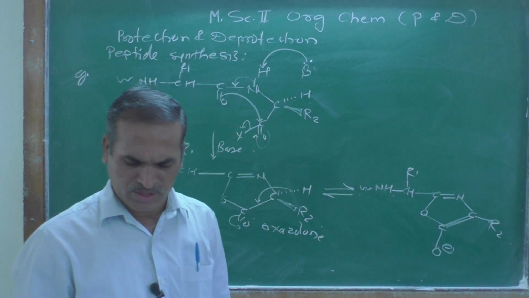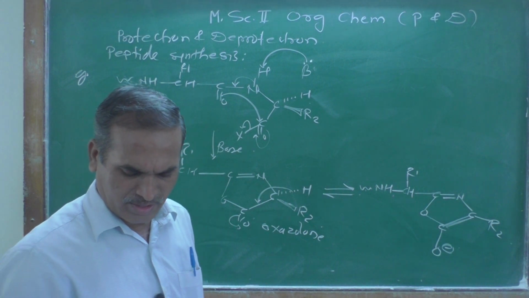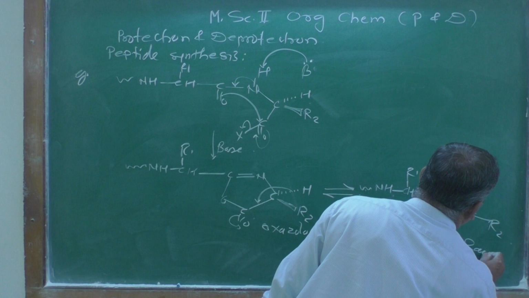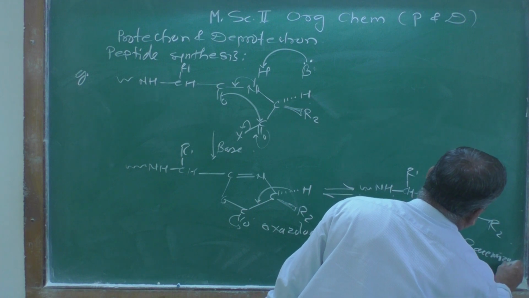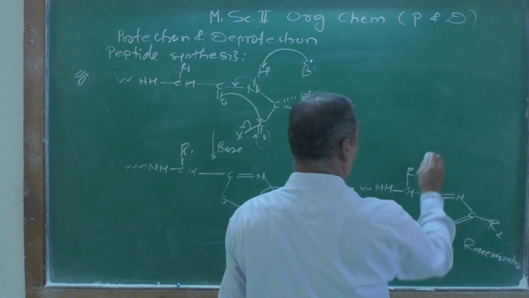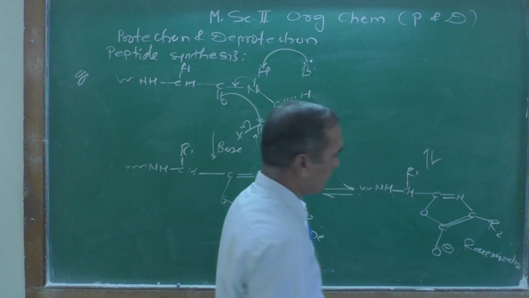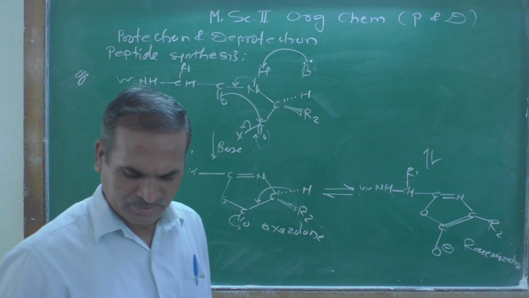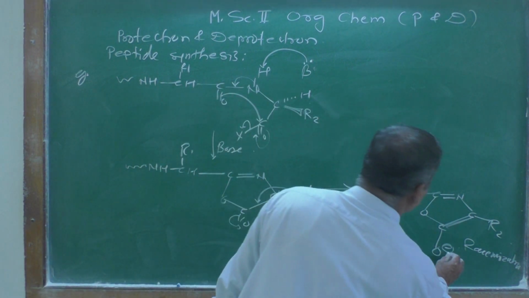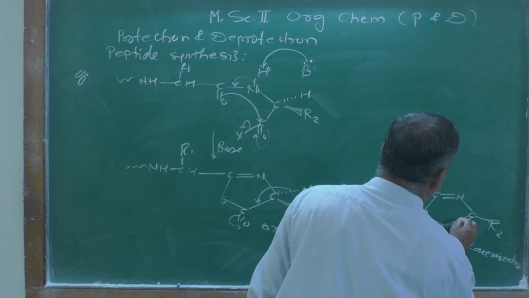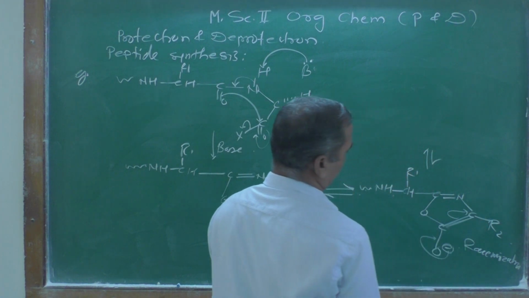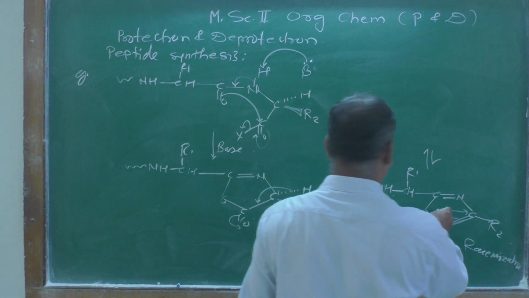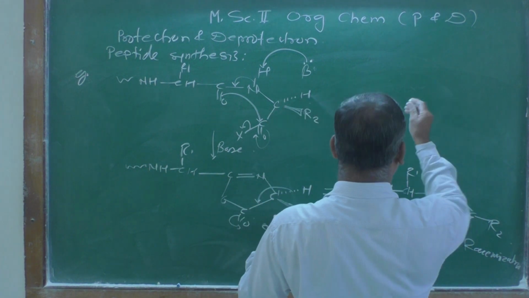And this is called racemization. Further, it will be converted, and you are going to get the mixture like this.